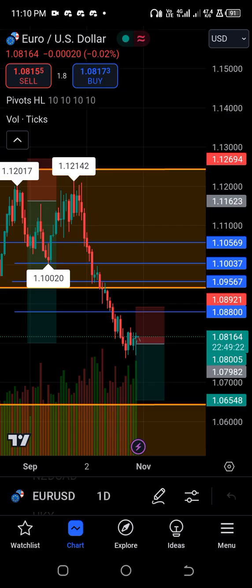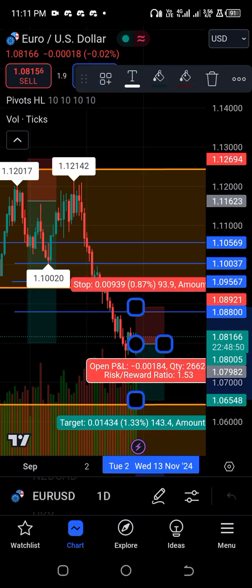Then the last trailing stop I have here is the 1.088 price level, which is above the next pullback in that direction. So that's the last trailing stop before I exited the trade, before I now opened this second trade here.